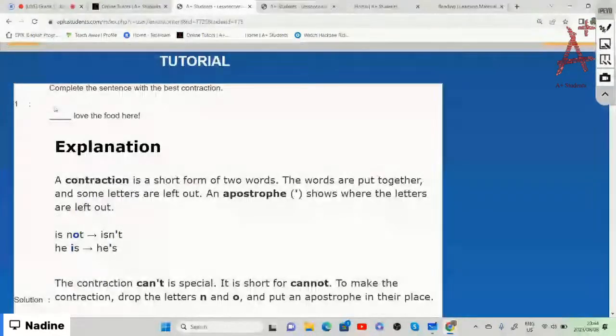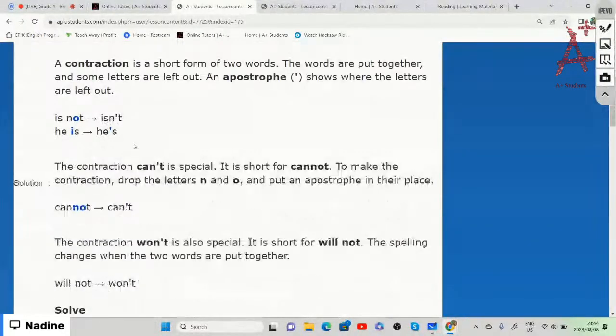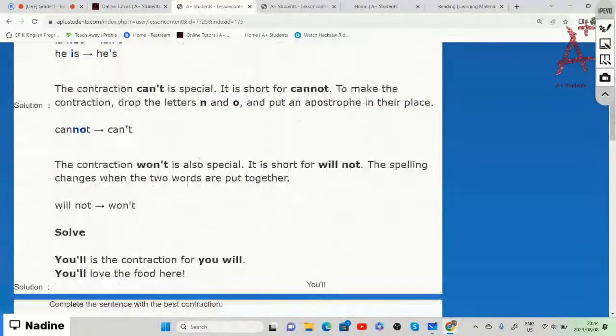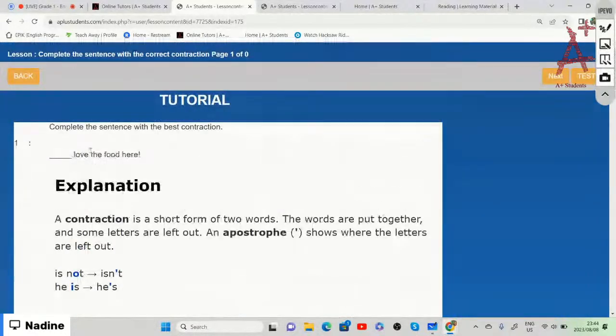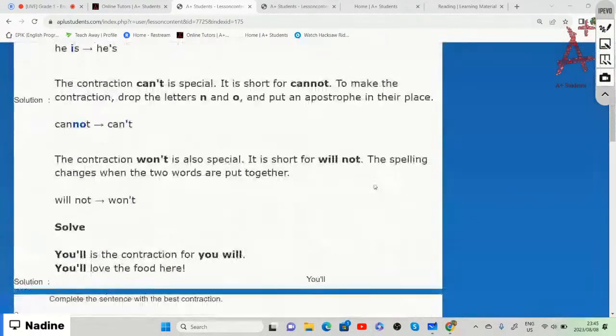So we need to find the best possible contraction in order to fill in the sentence. Instead of saying, for example, you will love the food here, we can say you'll love the food here.